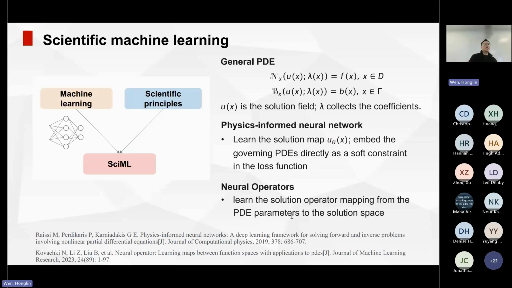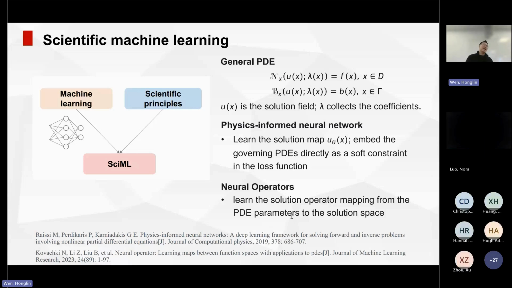But what do we mean when we say scientific machine learning? In my view, if you talk to several people in this area, they say the machine learning models are good, but there are some drawbacks. First, you need a bunch of data, and second, it does not contain any constraints.